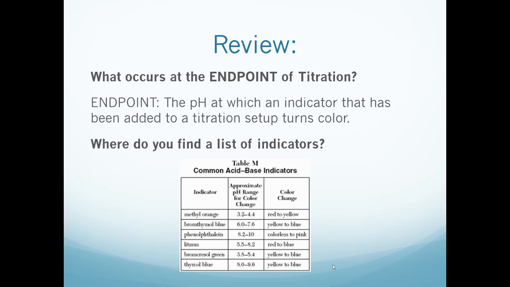Litmus, you would have red, blue. Red plus blue gives you red-blue. Blue and yellow, again, you'd have a bluish yellow, which would be green, and then same thing with thymol blue.